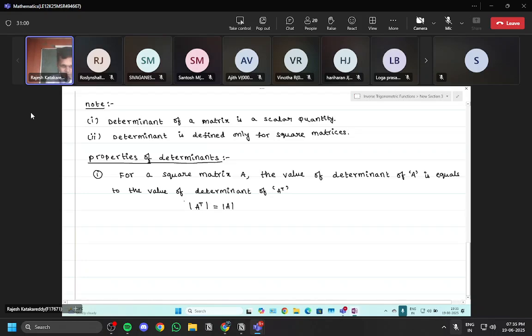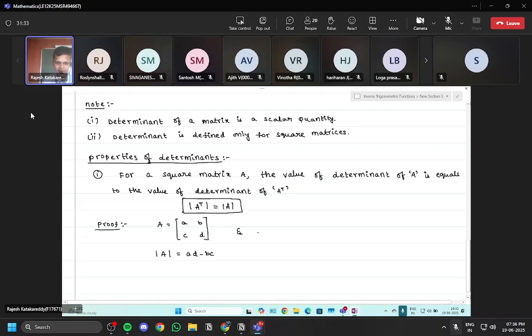If we want a small proof, we can do it for a second order square matrix, a small one to justify this statement. Let us take A equals A, B, C and D. Now we can see determinant of A is equal to AD minus BC.